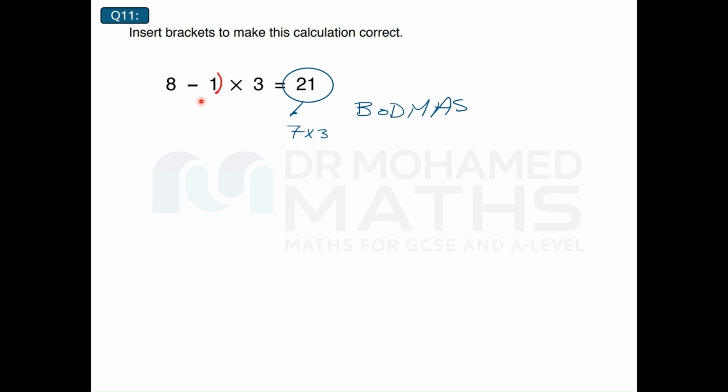So if I insert brackets here, according to BIDMAS, B stands for brackets. That means brackets must be carried out first. So 8 take away 1 is 7, and then times 3. So 7 times 3 is 21. So the question here is asking to insert brackets to make the calculation correct. So this should be your answer.